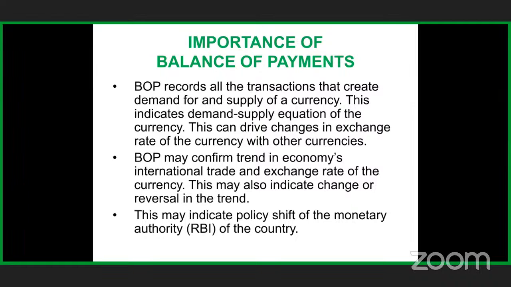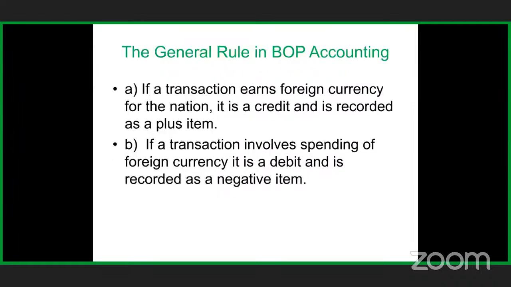These are all known as unilateral transfers. The income receipts and payments include factor payments and receipts. These are generally rent on property, interest on capital, profits and investments. They are recorded as income receipts and payments.